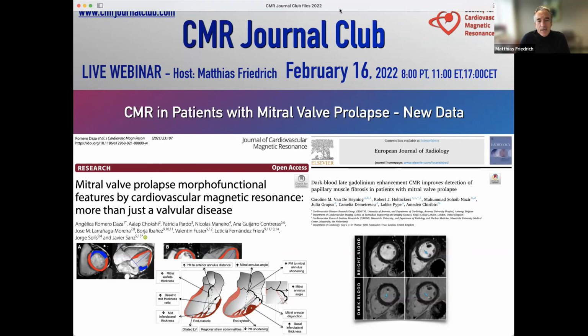And then we also have a paper from the King's College team with Caroline van der Heining presenting on dark blood late gadolinium enhancement in patients with mitral valve prolapse, looking at infarcts or scarring in these. So very interesting. Hope to see you all on February 16 then.